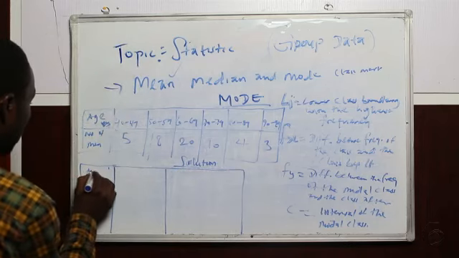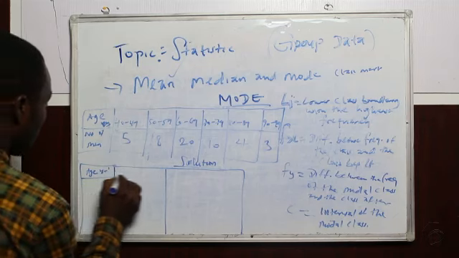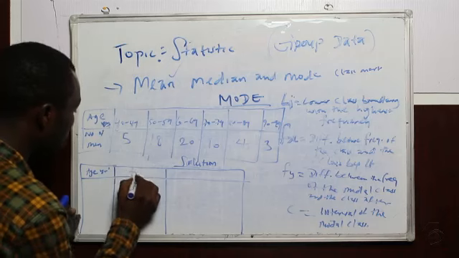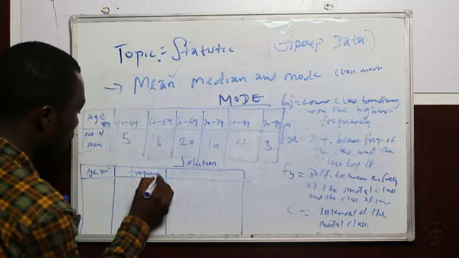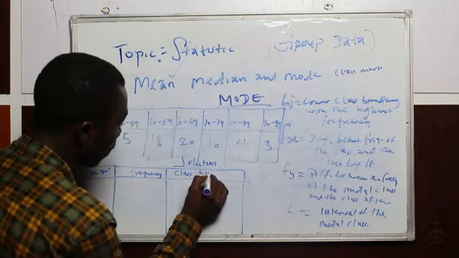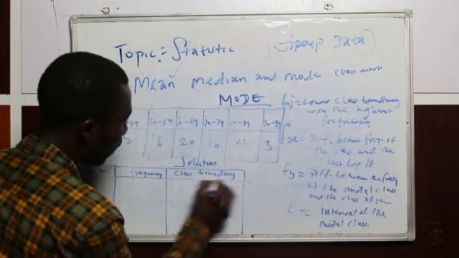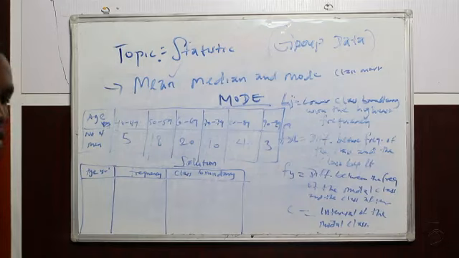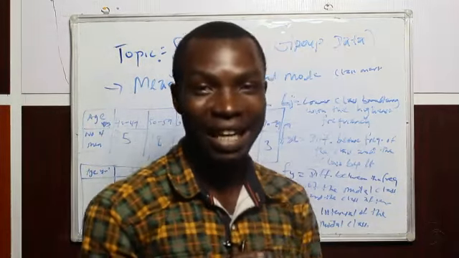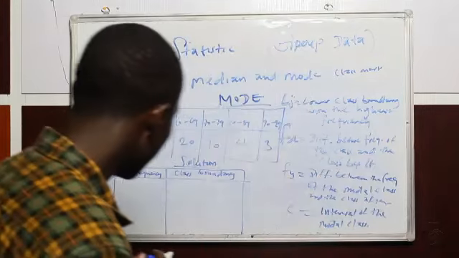Here is the age in years, and here is the frequency. This place is called the class boundary. Once we have known our class boundary and the frequency, we have gotten the answer. Now, let us do it together.